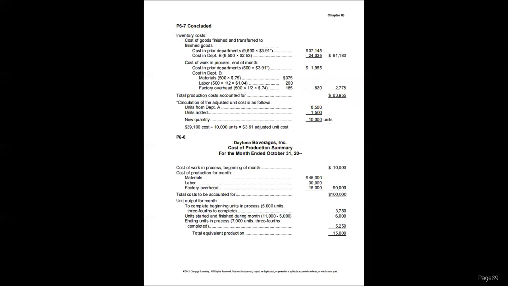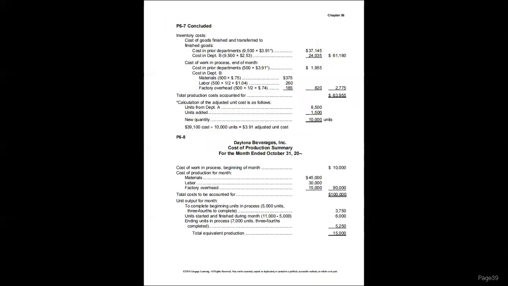Current cost to complete, we multiply 5,000 times 3/4. That's the cost to complete. So 5,000 times 3/4, we have 3,750.